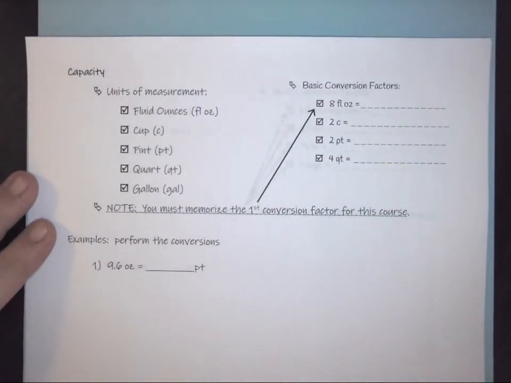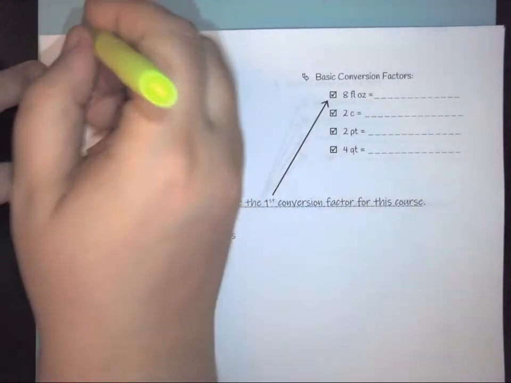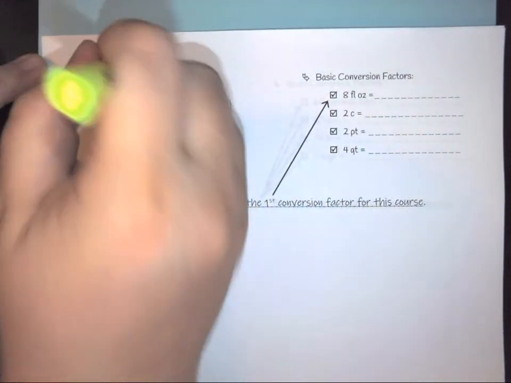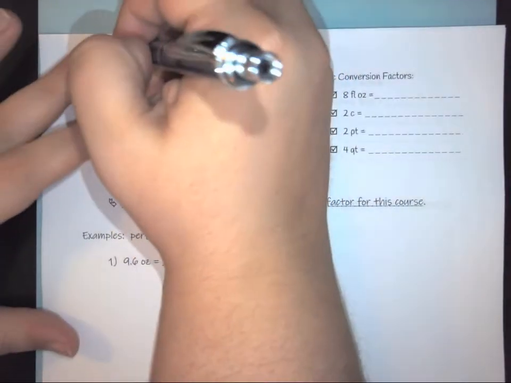Another unit of measure that we have here is called capacity. Capacity is essentially liquid measure. So we are talking about liquids.